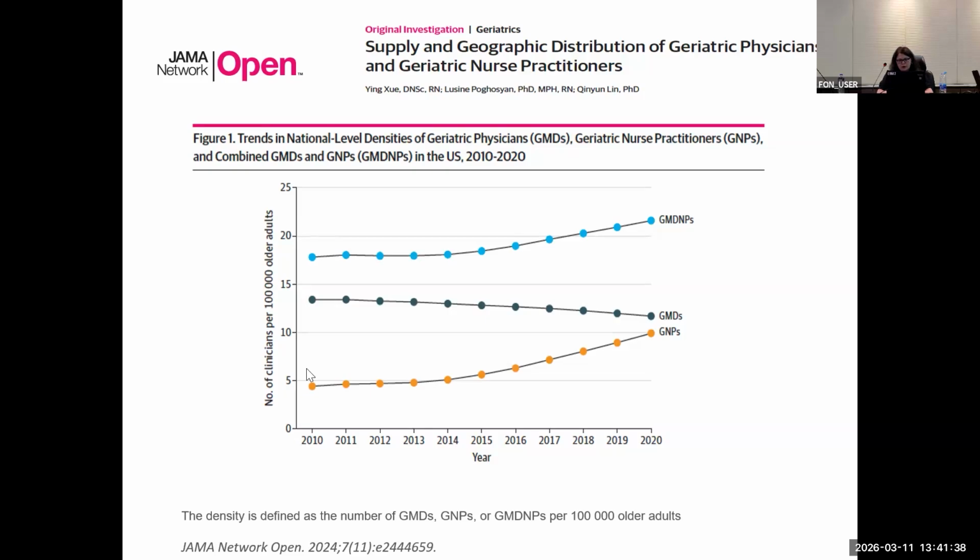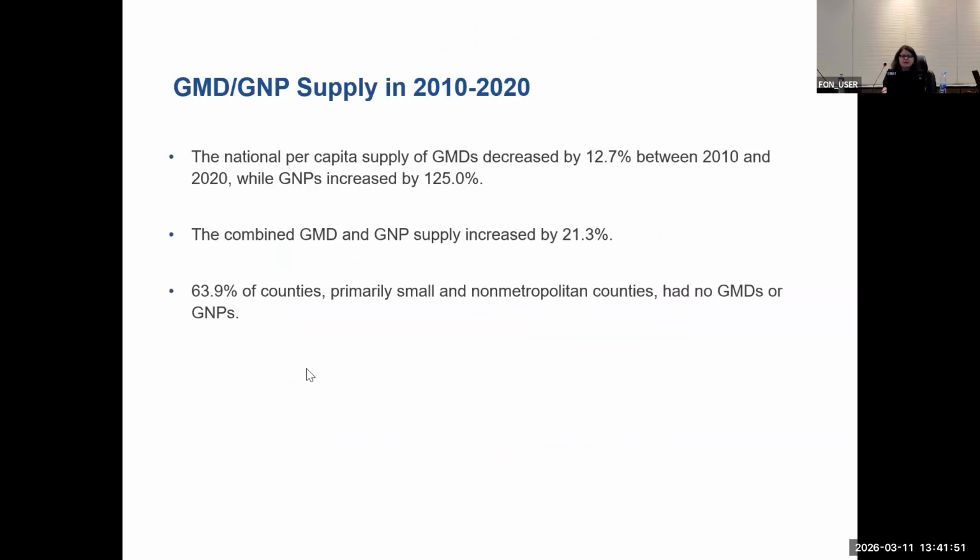As you can see from 2010 to 2020, for 10 years, the number of geriatric physicians was slowly decreasing, while the number of geriatric NPs is increasing. These are some of the differences we noticed: the national per capita supply of geriatric physicians decreased by 12.7% between 2010 and 2020, while the number of NPs increased by 125%.